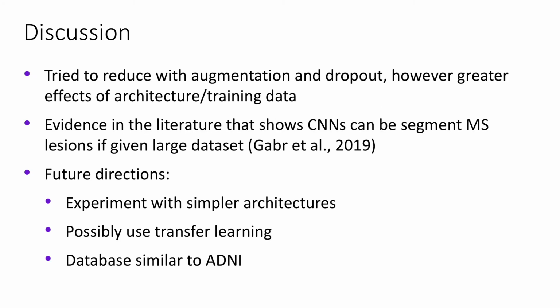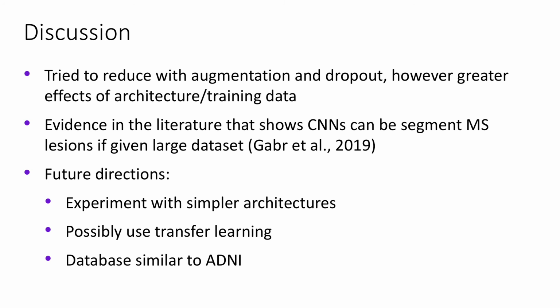We did try and overcome the overfitting problem by introducing augmentation and dropout. Augmentation increases the variance of the data, and dropout simplifies the network architecture. However, this could not overcome the great effects of other architectural issues and limited training data.